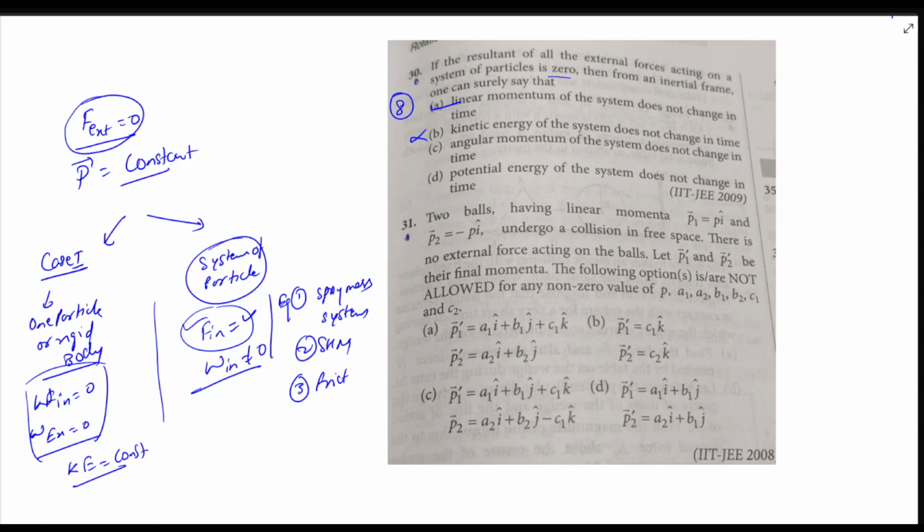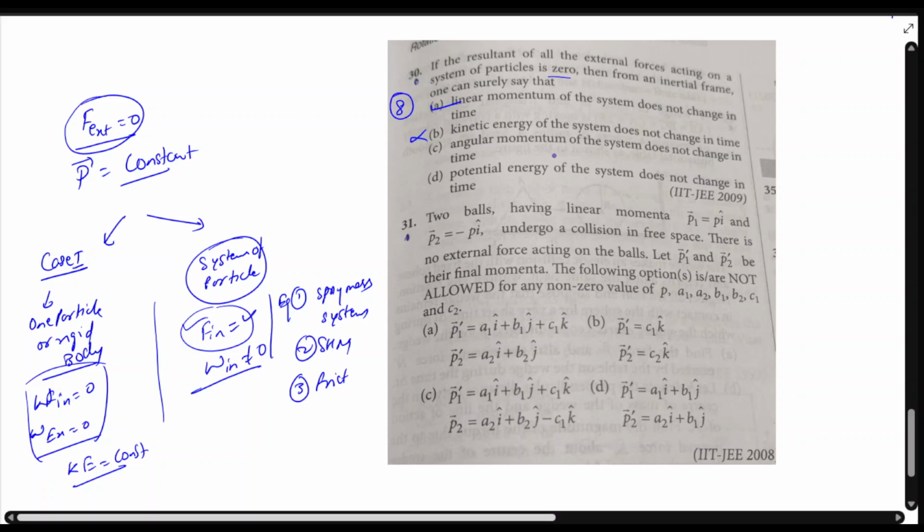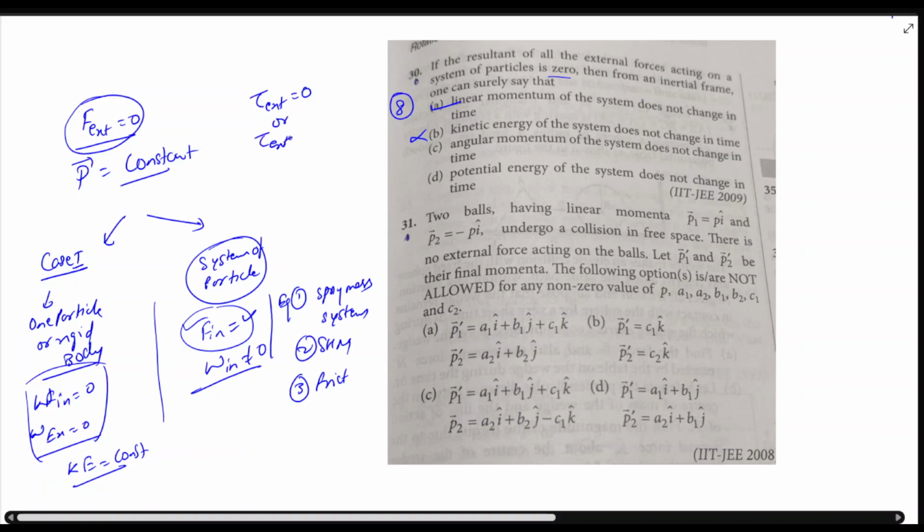Let's check the third option. Angular momentum of the system does not change in time. So look, if F external is zero, torque external may be zero or may not be zero. We don't know, right? If torque is not zero, how can angular momentum be the same? So option C is wrong.